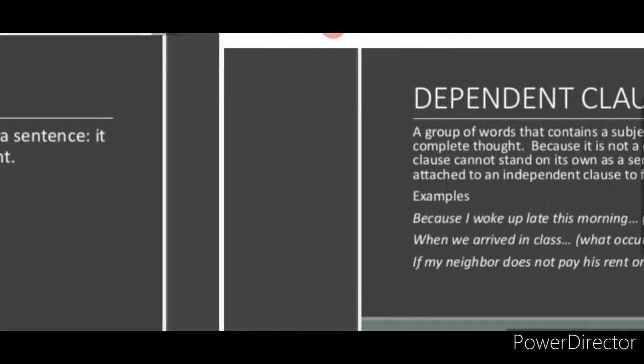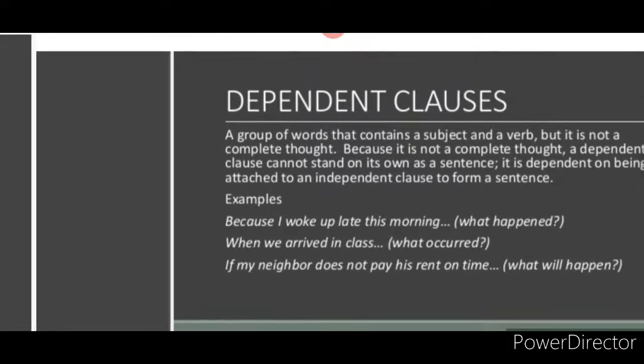Both dependent clause and independent clause are groups of words, and they have a subject and verb. I hope you all know what a subject is, what a verb is. But an independent clause will give you a complete thought. A dependent clause will not give you a complete thought or meaning. So it depends on the independent clause so that it will give you a complete thought.